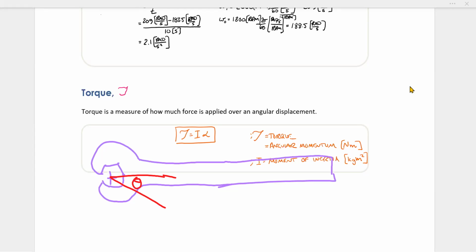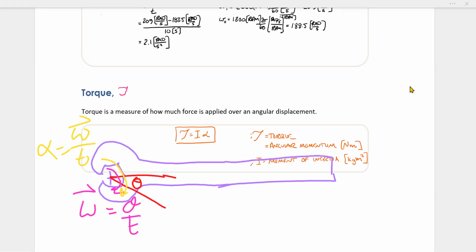It's going to displace that angle over time, which is called angular velocity, displacement over time. And since you're starting at zero and you're going to be moving, there will also be an angular acceleration, which is that angular velocity over time.